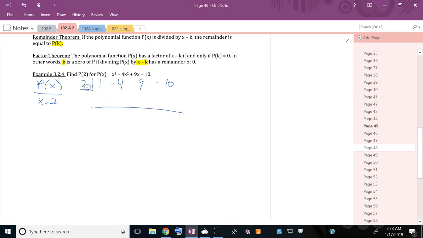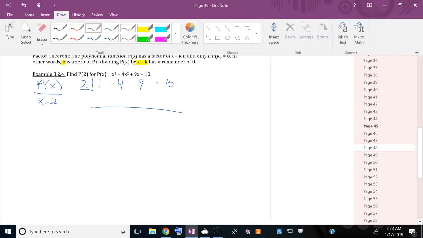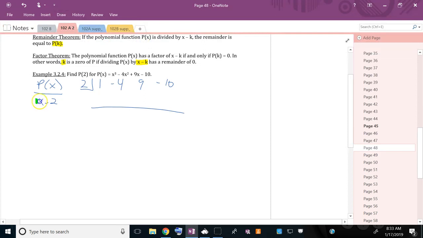Now in the box I flip my sign again, so I do just have a 2 there. If you've got the number with an x in front of it, that's when we flip the sign. However, if you've got the number by itself, as we do here, when we set up the division, it stays as is.